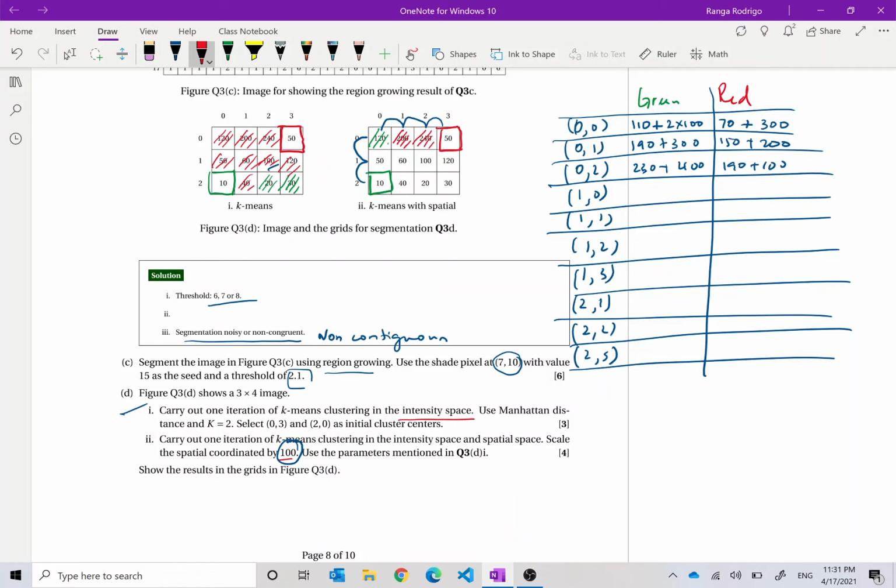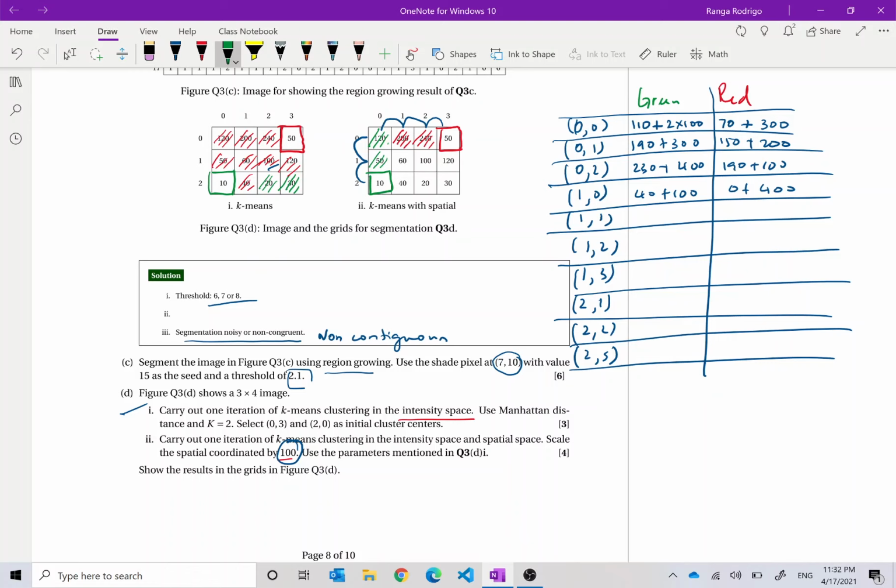So you can see, you can quickly do this. For 1,0, 50, that's 40 plus 100. This one is 0 plus 1, 2, 3, 4, 400 Manhattan distance, 400, so therefore that becomes a green pixel.